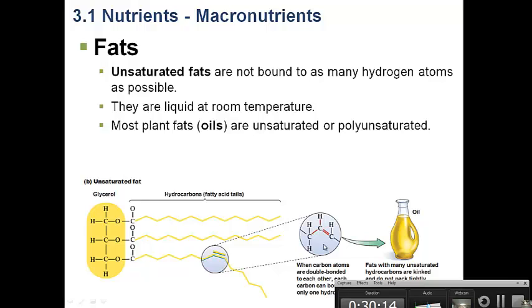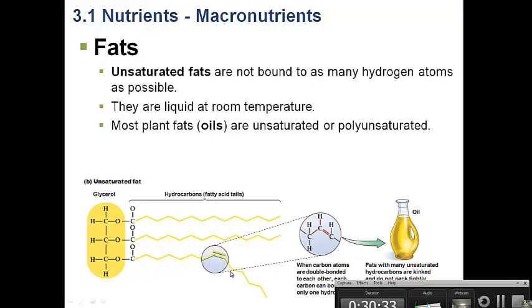And so the presence of the double bond means 2 things. One is that there's fewer hydrogens there than could actually be present, and secondly, it means that this fatty acid tail, if we look over here, is going to have a kink in it, a very distinct bend.